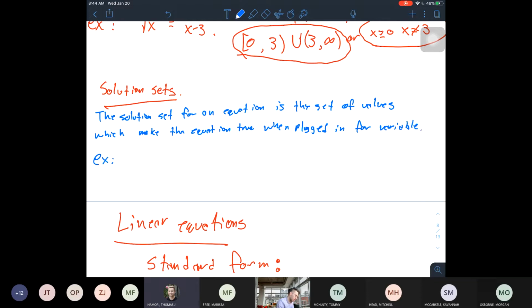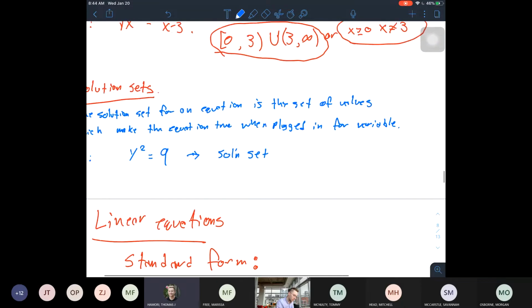For example, we might have y squared equals 9. Then our solution set, sometimes I'll abbreviate it solution like SOLN, is going to be a set of numbers, and it's the numbers that make this equation true.